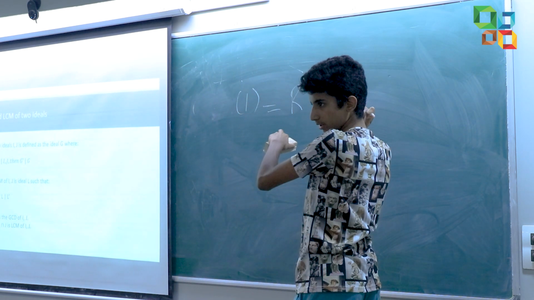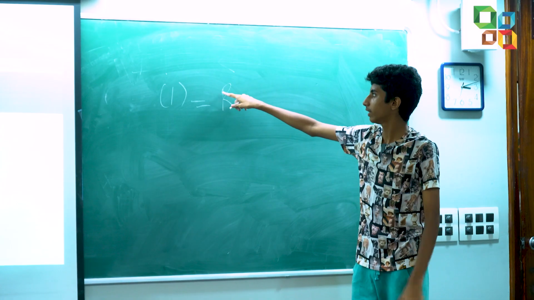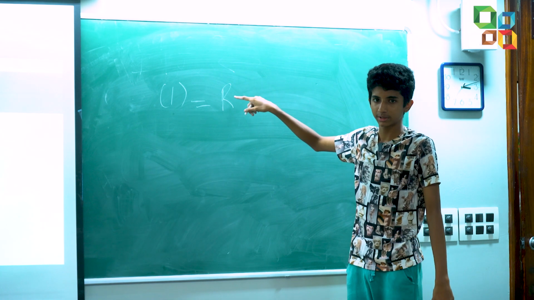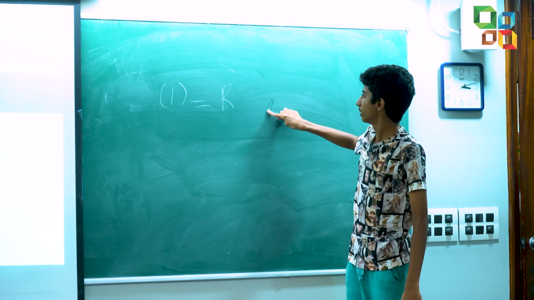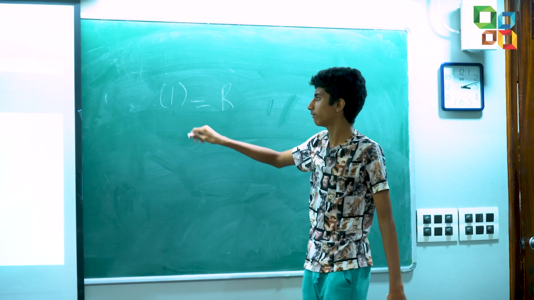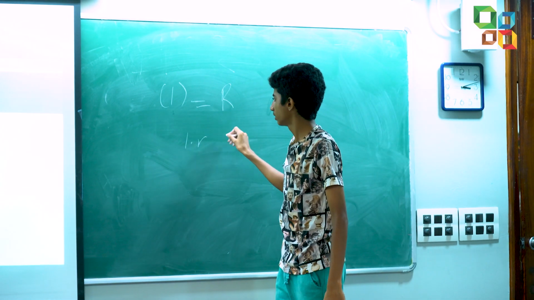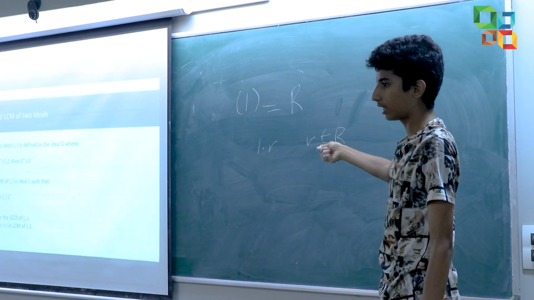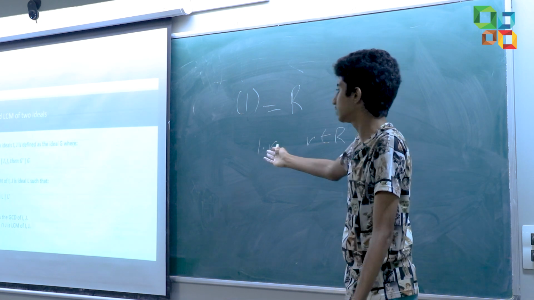The ideal generated by 1 is R. Can you see that? The ring R, if you take the whole ring, the ideal generated by 1 is the whole ring, because every element of it is of the form 1 times r, for r belonging to the whole ring R, and this is just identity.